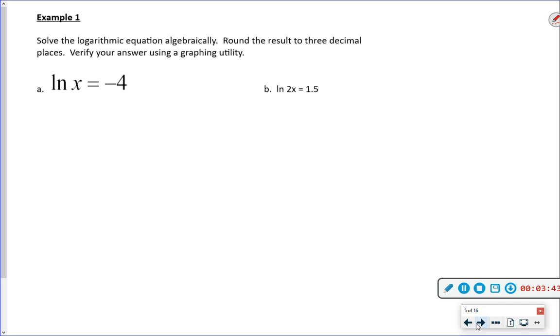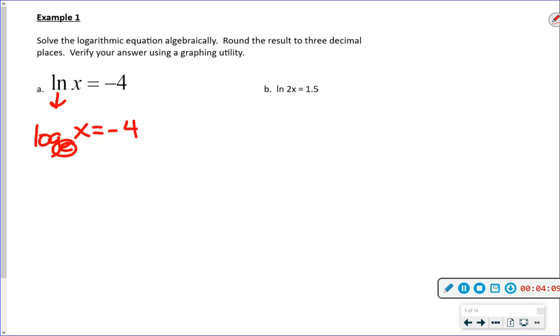Okay, so solve the logarithmic equation algebraically. Round to 3 decimal places, verify your answer, and so on. Okay, here we go. Of course, I can't tell you what x is going to be. I can't do a natural log of something and come up to -4. Now, you're probably going to skip this step. But for the first one, of course, I'm like, okay, ln we know is a log base e. We know that. And then I'm going to convert this to exponential form.